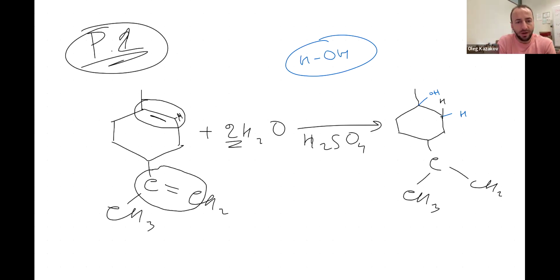This carbon here has connections to 1, 2, 3 carbons. This carbon here is less substituted because it's only connected to 1, 2 carbons. So that's our first alcohol.